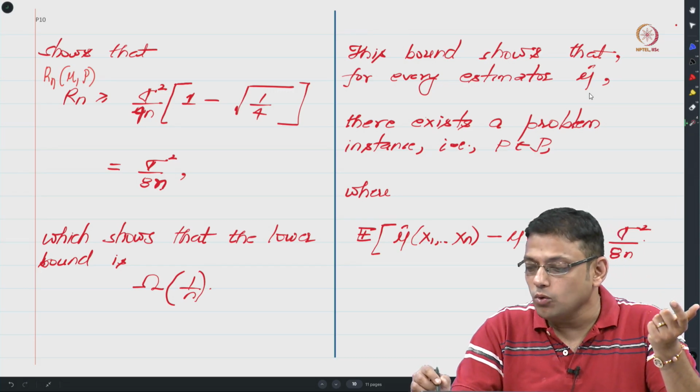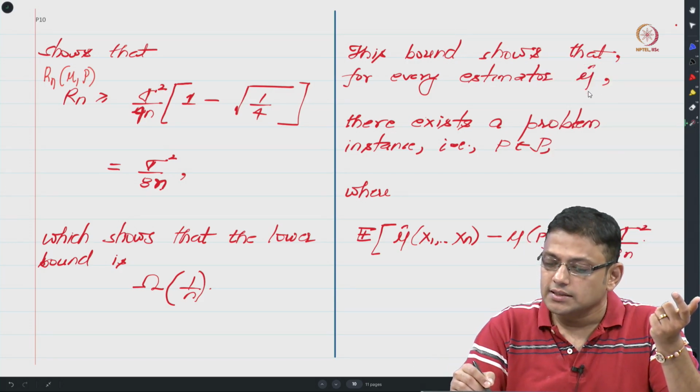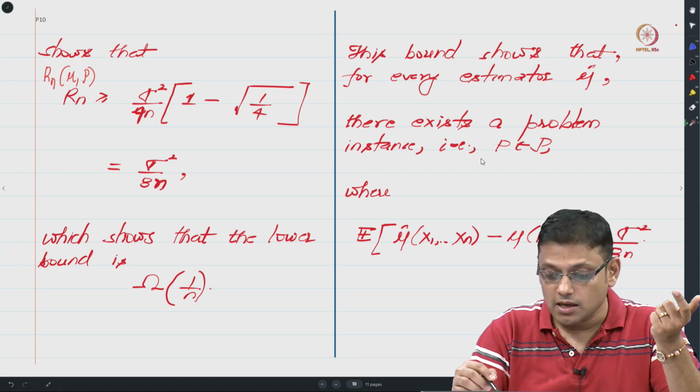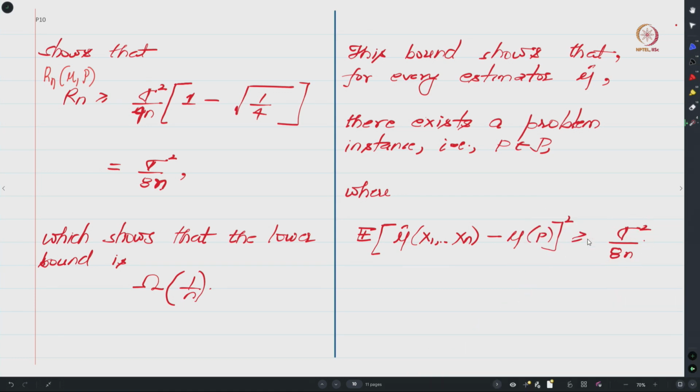So what this bound tells us is that for every estimator mu hat, there exists a problem instance where the squared error will at least be sigma square over 8n, which means that whatever rule you come up with for using the samples to estimate the mean, one can show the existence of a problem instance under which the mean squared error is at least sigma square over 8n.